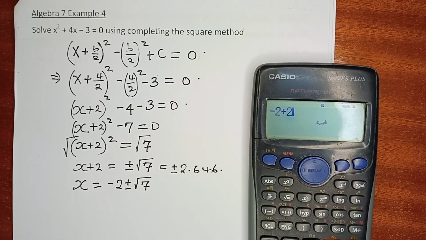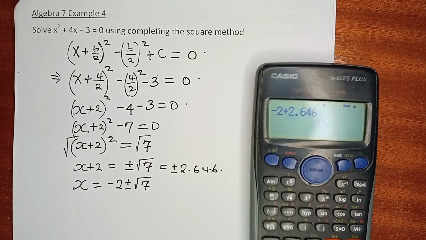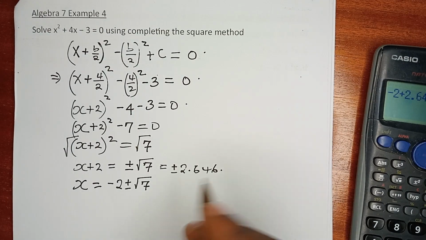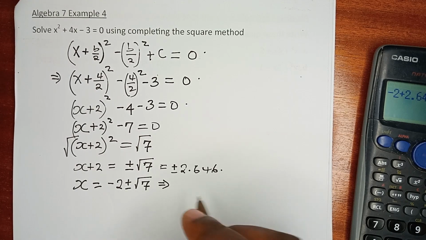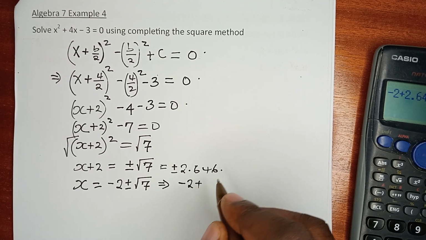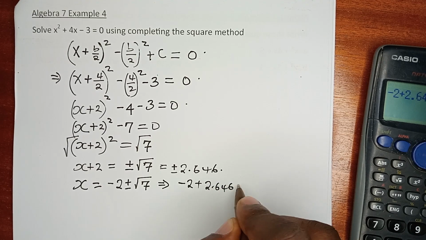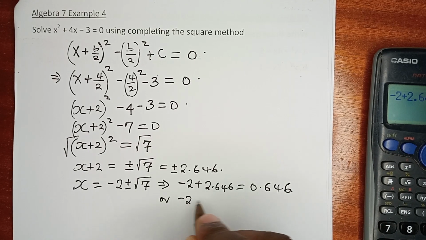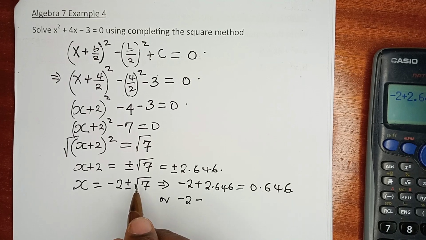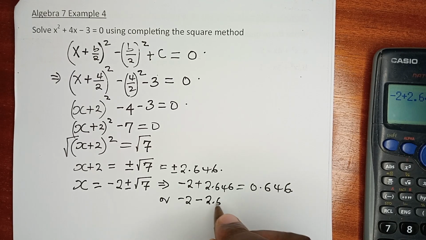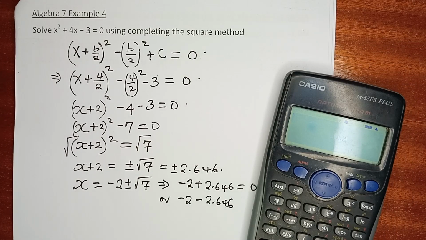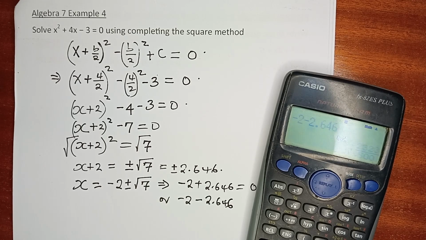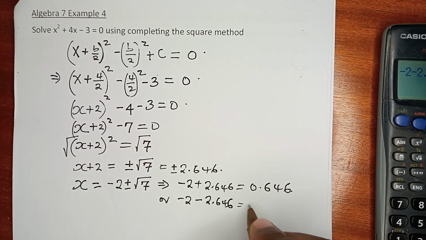plus 2.646, which is equal to minus 2 plus 2.646, which is 0.646, or minus 2 minus the square root of 7, 2.646, -2 minus 2.646, which is basically equal to -4.646.